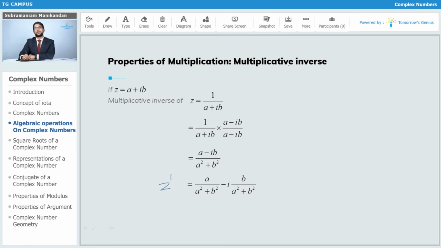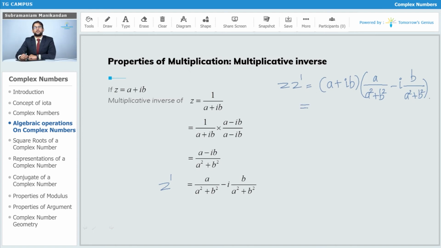You can prove yourself that this is the multiplicative inverse by actually multiplying out the two complex numbers. So z is equal to a plus ib and z dash is equal to a divided by a square plus b square minus I into b upon a square plus b square.